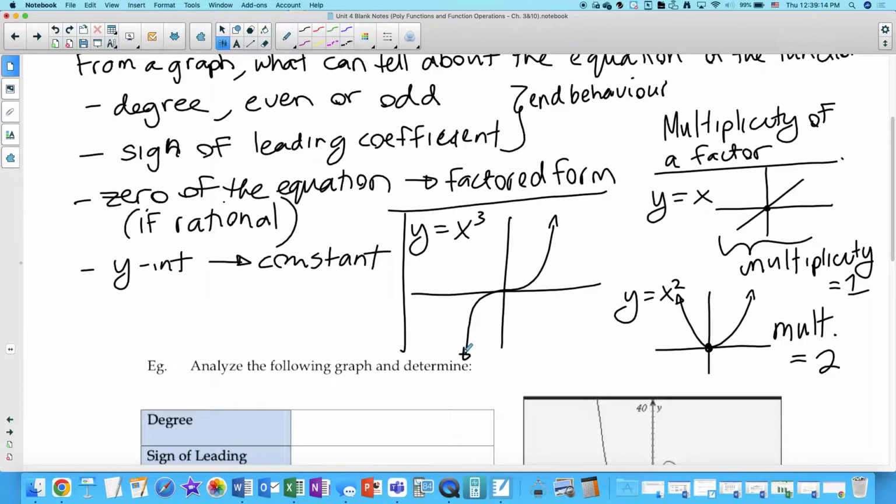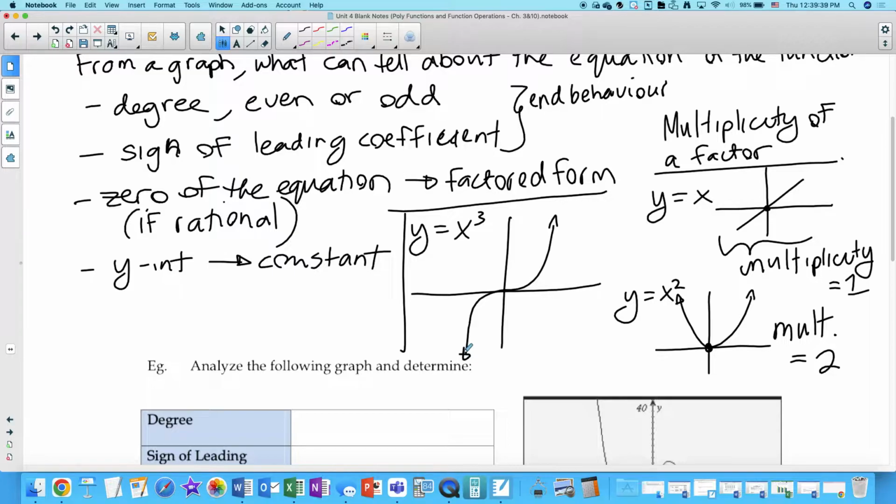With a multiplicity of 3, there is going to be a change of sign. Because if you think about it, let's say x is -1. You multiply a negative by itself 3 times, that's still negative. Whereas on this side, if you do a positive number by itself 3 times, you get a positive value.